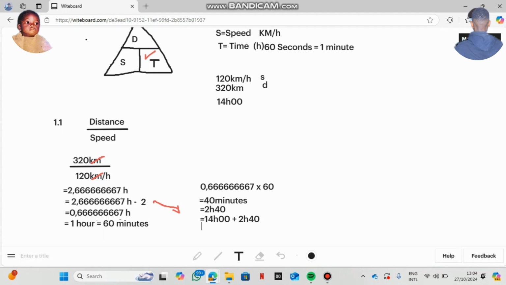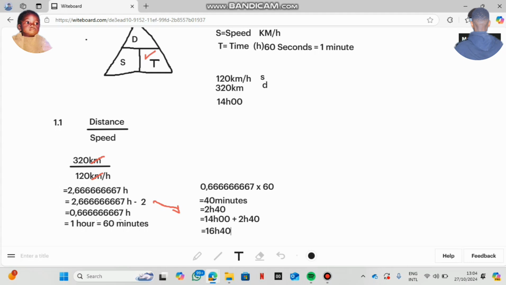If you start with the hours, what are they going to give you? 14 plus 2 gives you 16. And then 0 plus 40 gives you 40. So which means this person traveled for 2 hours 40 minutes from 2 o'clock, and then he arrived in Polokwane at 20 minutes to 5.